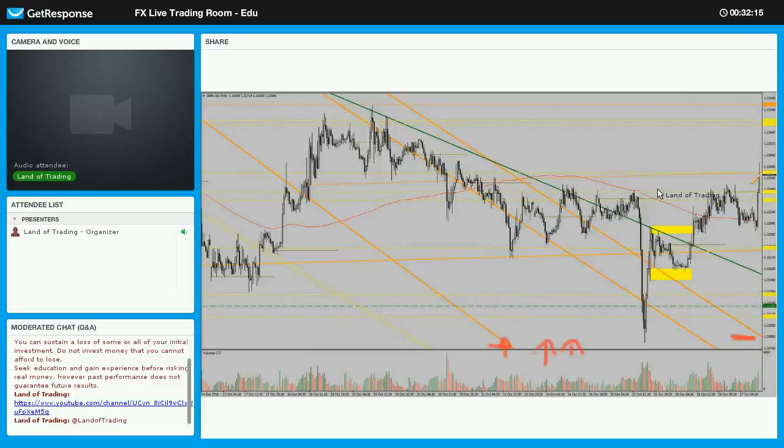Right now, that's quite significant development. We took out this supply. That's really big thing, especially if we take into consideration the move to the downside from here. Okay, so now we took out this whole supply here.